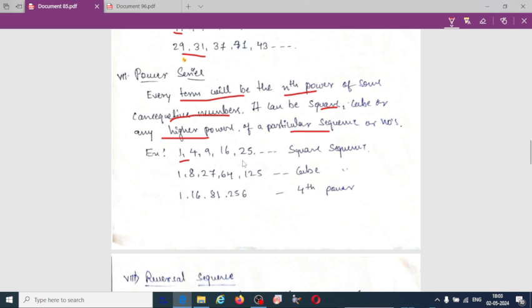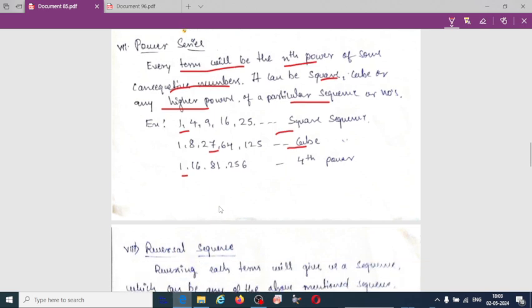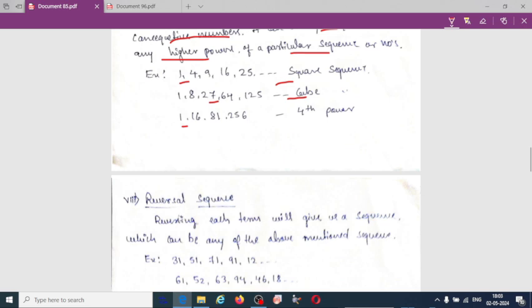So like that, it is a square sequence we can call. Cube: 1 cube 1, 2 cube 8, 3 cube 27. So this is a cube series. The 4th power: 1, 16, 81, 256. So like that you can solve.